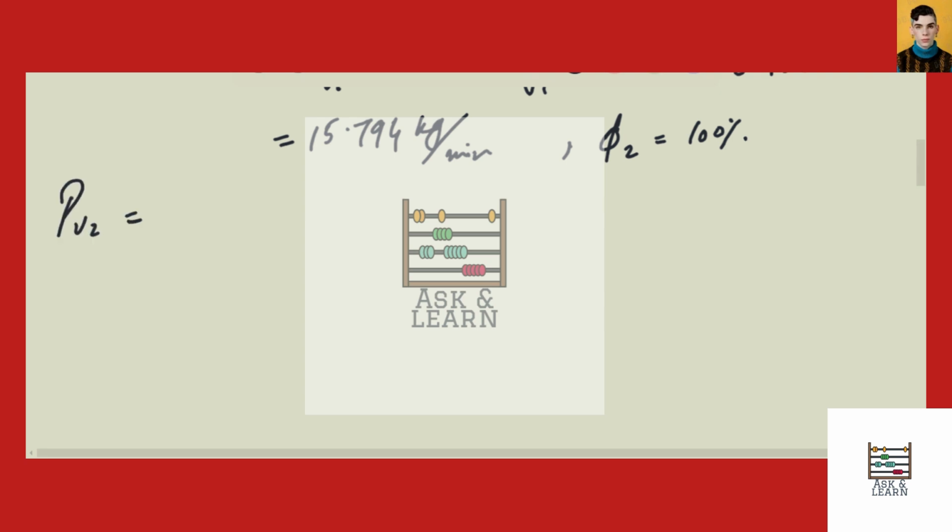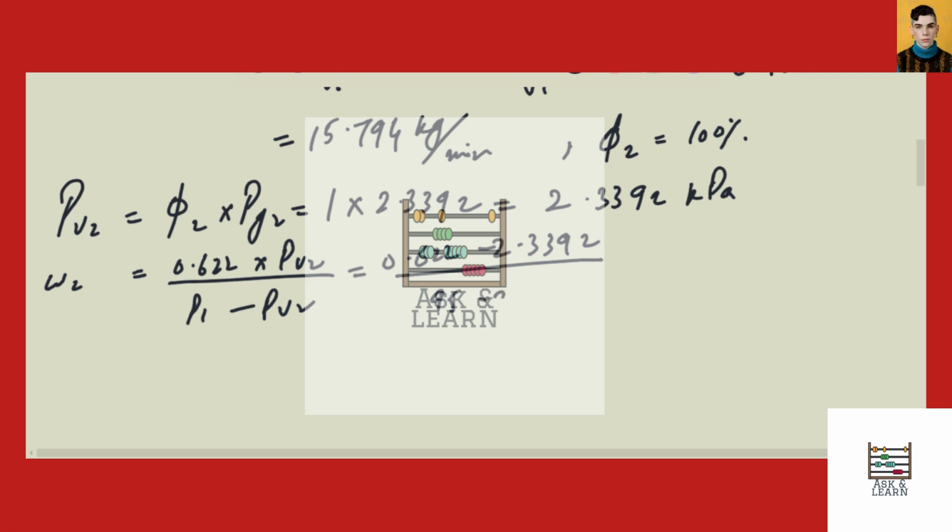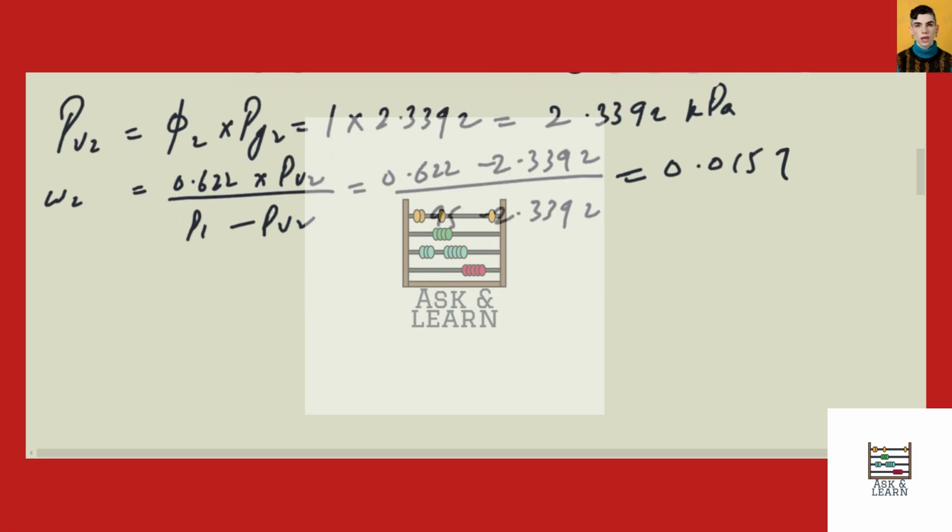So PV2 is equal to phi 2 into Pg2, and that is 1 into 2.3392, which is equal to 2.3392 kilopascal, and W2 is equal to 0.622 into PV2 divided by P1 minus PV2, and that is equal to 0.622 into 2.3392 divided by 95 minus 2.3392, and the answer is 0.0157.